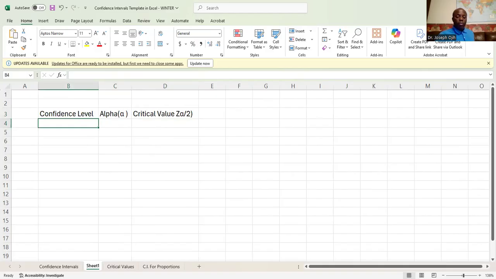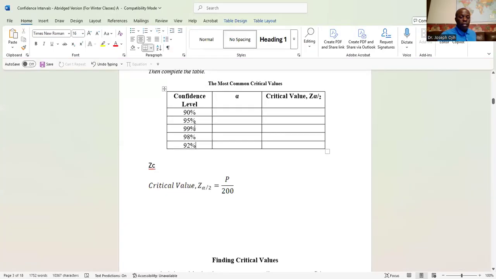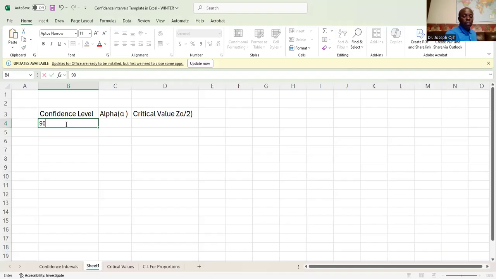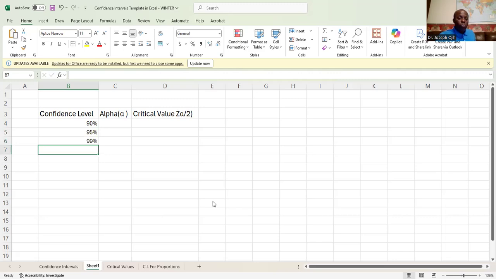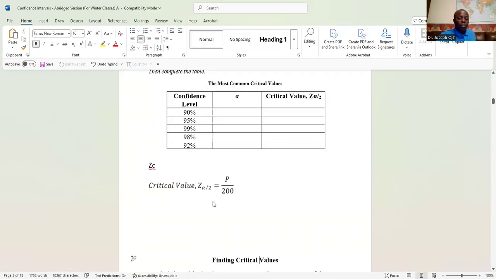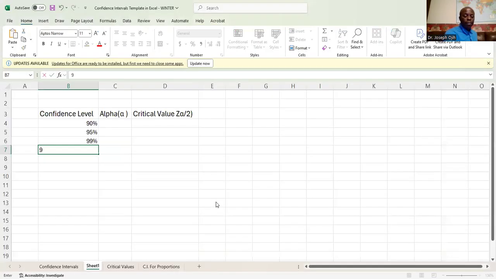Okay, and from the equation they gave us, they have many: 90%, 95%, 99%. Next would be 98% and 92%.